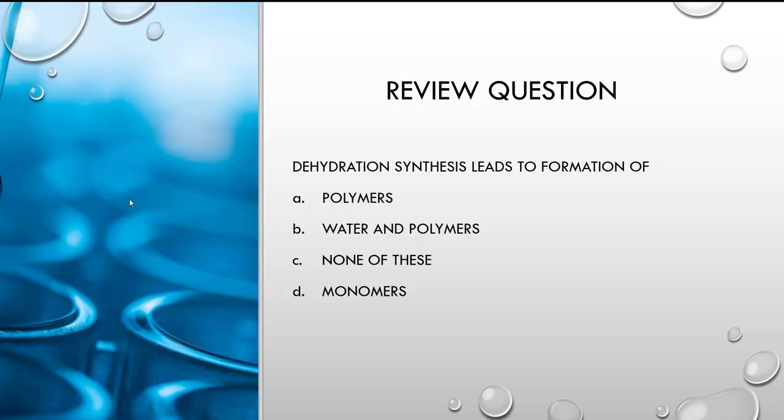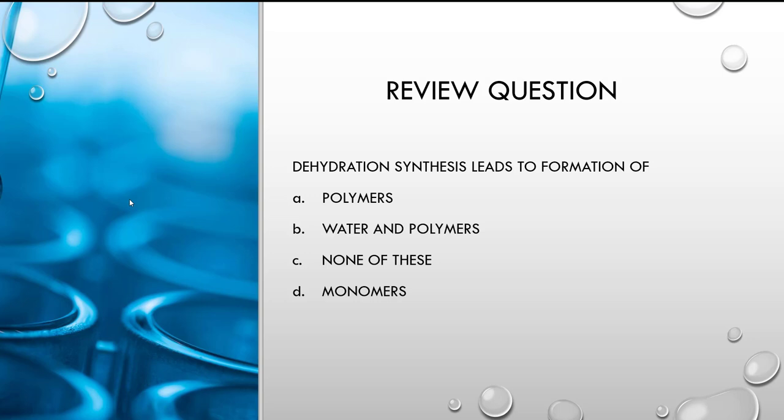Okay, so that video was a good review, and hopefully it'll help us answer this question. Dehydration synthesis leads to the formation of, is it A, polymers, B, water in polymers, C, none of these, or D, monomers?